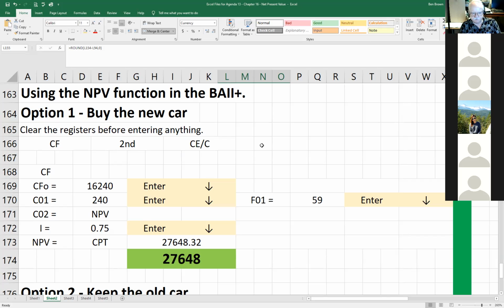It tells us NPV is 0, but we go compute. And we come up with 27,648. You could try making both of the numbers negative, and you'd have a negative sign there, which would make more sense as it's a cost. But for some reason, I skipped the negative signs and just left it all positive. So that's buying the car.